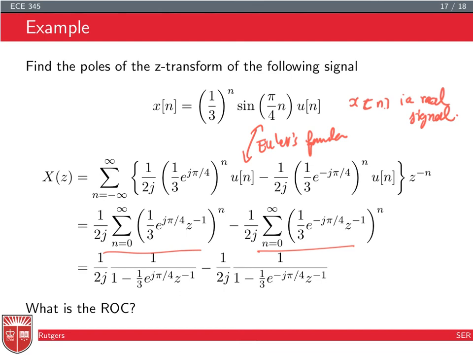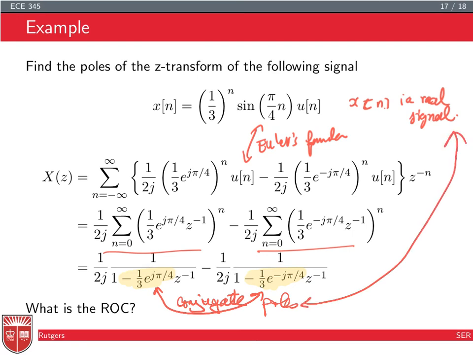And you can see here that you have 1/3 e to the j pi by 4 and 1/3 e to the minus j pi by 4. So you can see that these are the poles, and they are conjugate poles. And this makes sense because x of n is real.